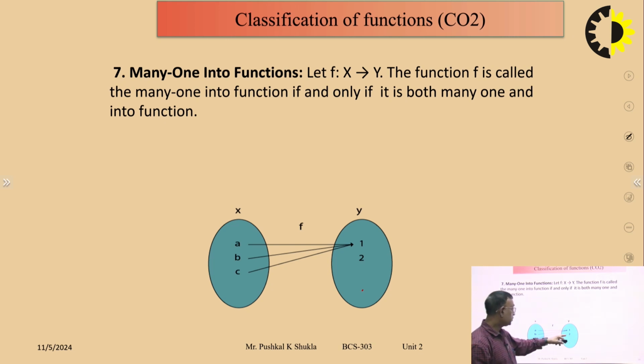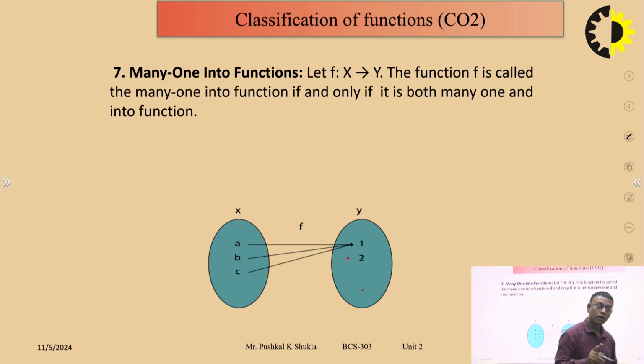Here, two elements have no pre-image in set x. So this is an into and many-one function. A function is said to be many-one into if and only if it is many-one and also into.